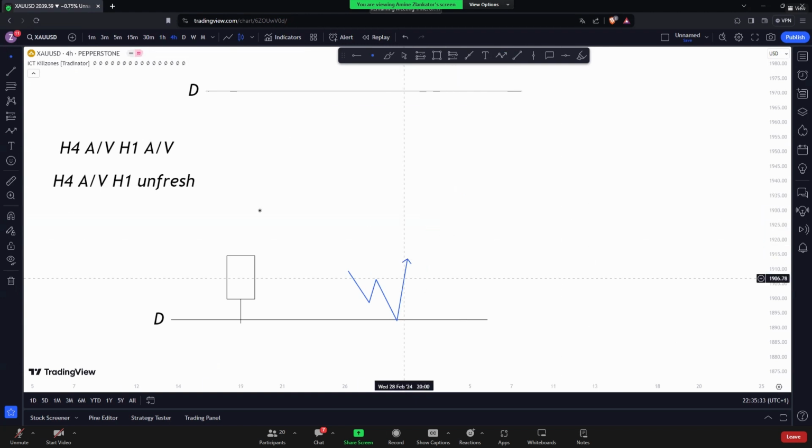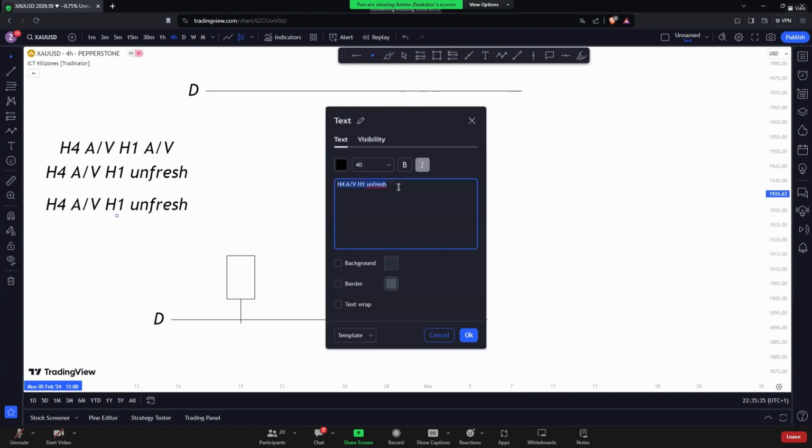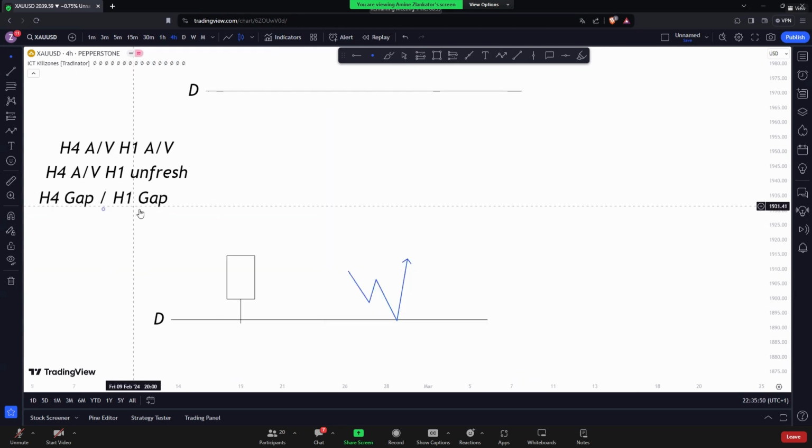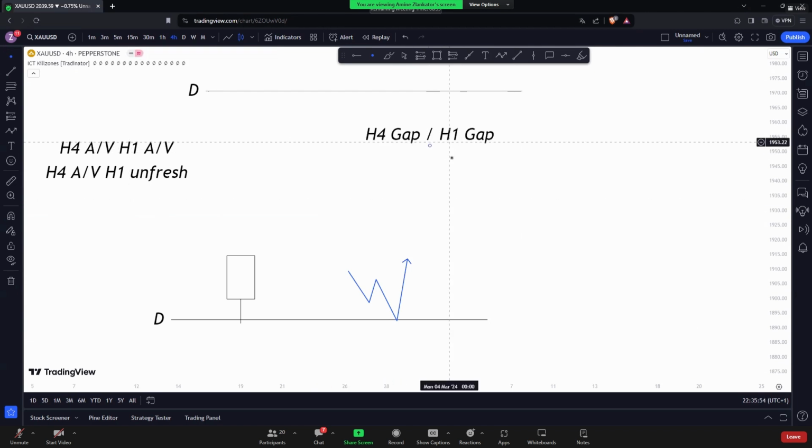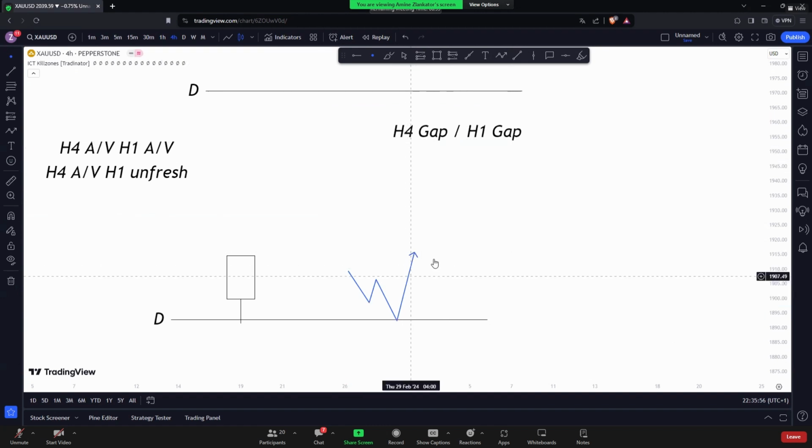The third combo is when you have an H4 gap aligning with an H1 gap. When you have an H4 gap and an H1 gap, this is like the least good entry type. So I would only use it if it's the only existing one there.